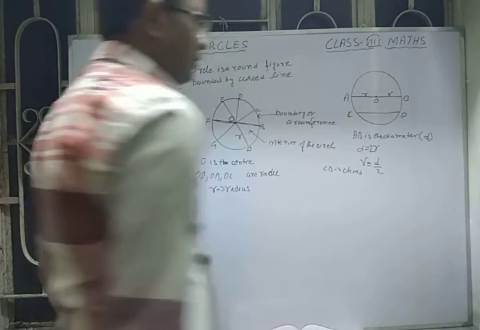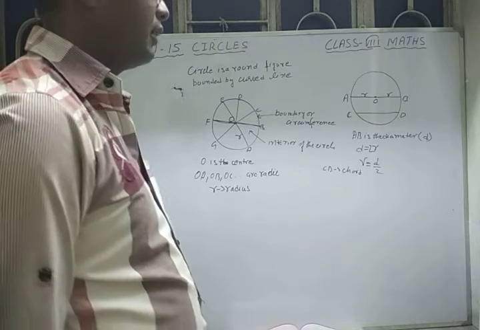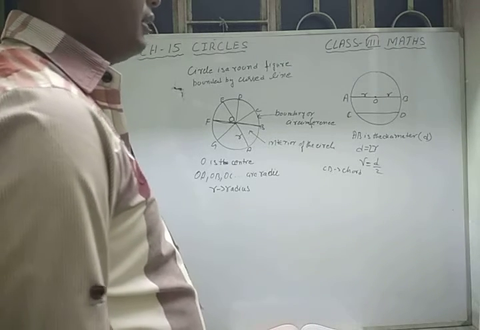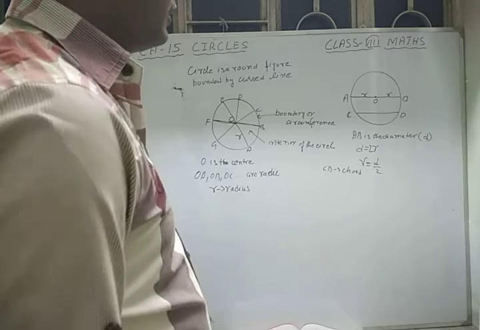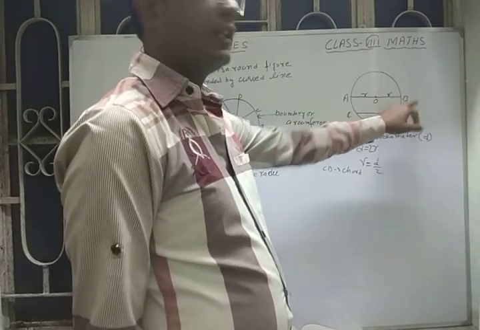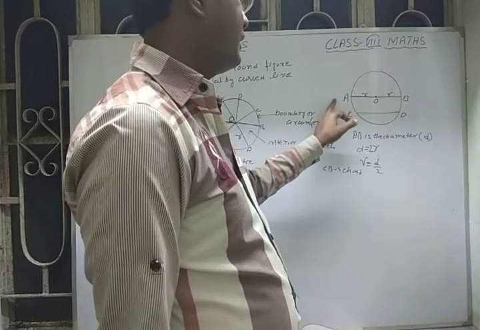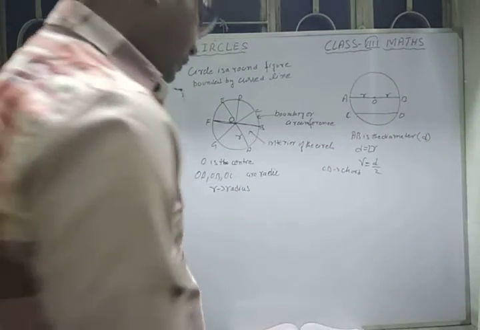CD is the line joining any 2 points on the circumference of a circle in the interior of the circle, and is called chord of the circle. And then AB is also a chord. Yes, AB is also a chord. AB is also a diameter. So we can say that diameter is the longest chord of a circle.